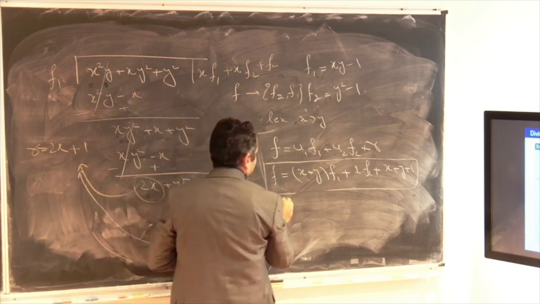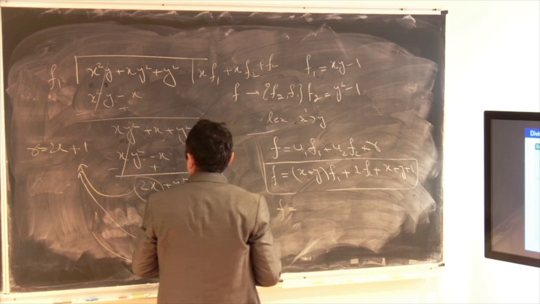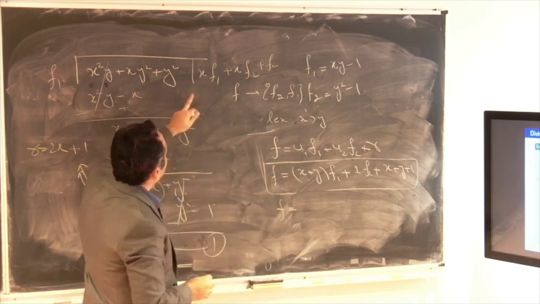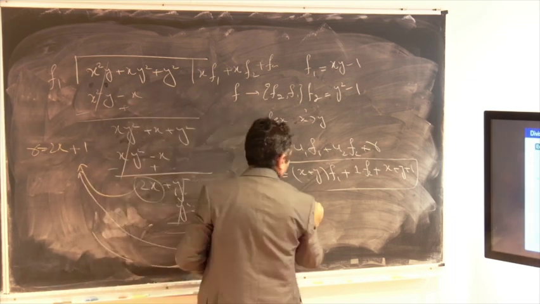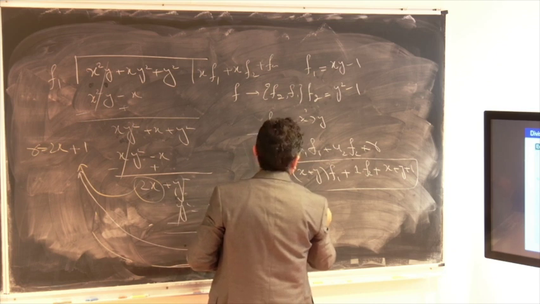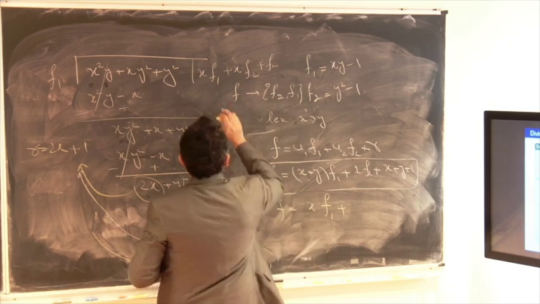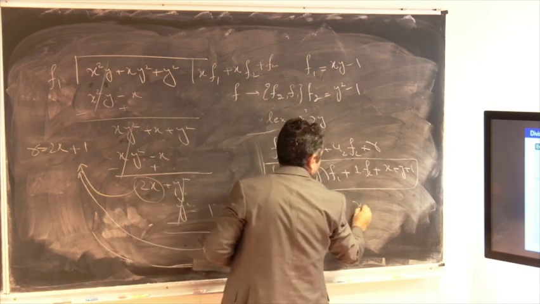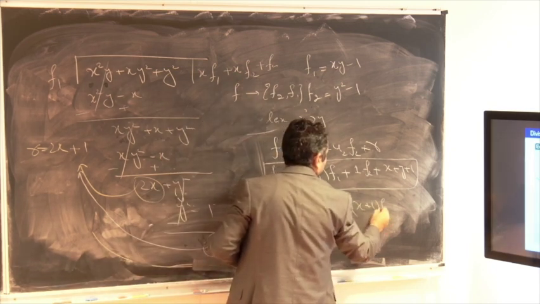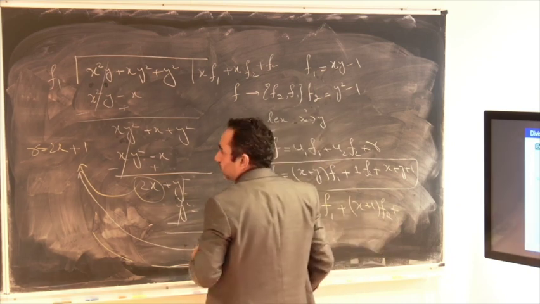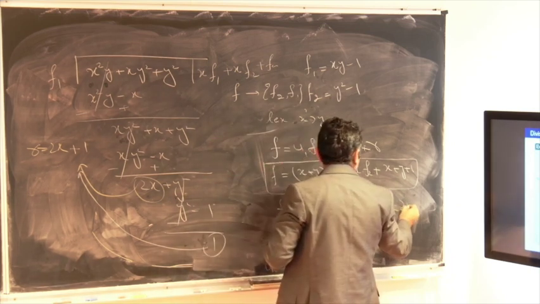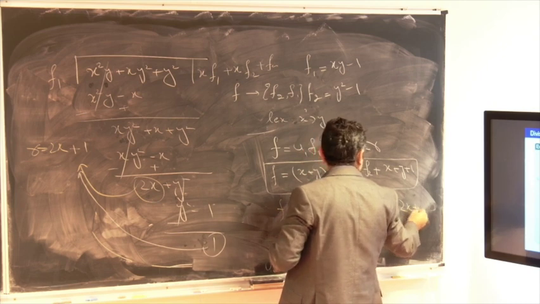So we get f is equal to f1. Now the multiple of f1 is only x times f1, plus f2 is x plus 1, so it's x plus 1 times f2, and the remainder is now 2x plus 1.